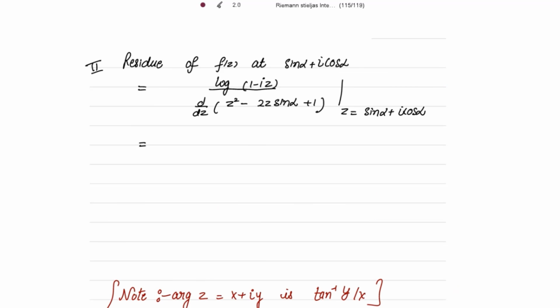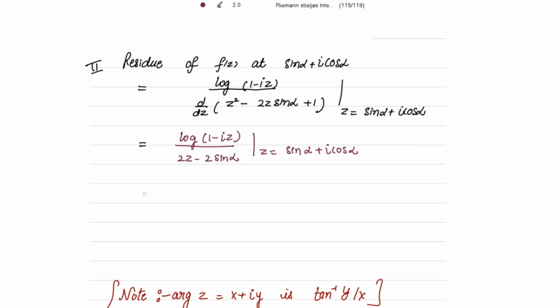The second step is to calculate the residue of f of z at the pole which is lying inside the contour. The formula for that is to write the numerator as it is and differentiate the denominator with respect to z, at z equal to sine alpha plus iota cos alpha. So I'm writing log of 1 minus iota z, and differentiating the denominator gives 2z minus 2 sine alpha, at z equal to sine alpha plus iota cos alpha.